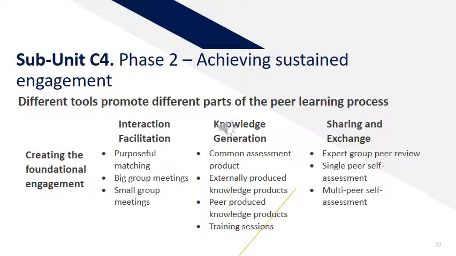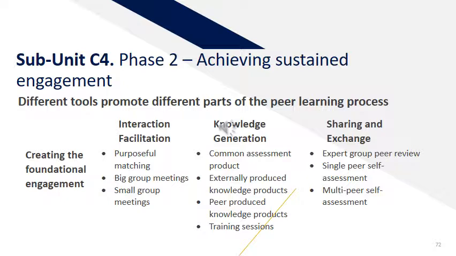One of these potential activities is interaction facilitation, with purposeful matching, big group meetings and small group meetings. Knowledge generation as well, with a common assessment product, externally produced knowledge products, peer-produced knowledge products, and training sessions.